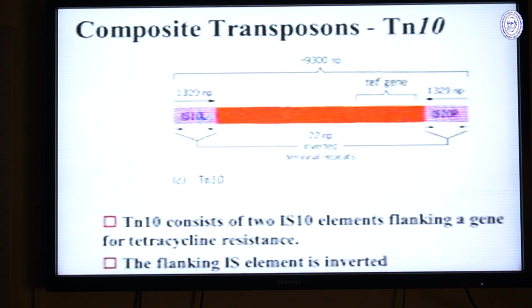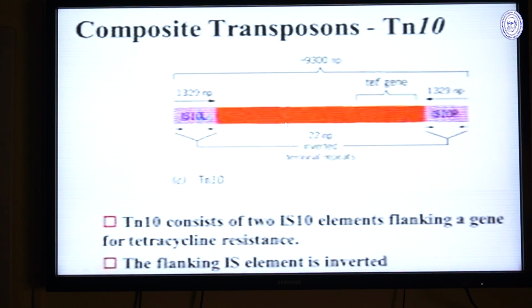It produces the transposase and also carries an antibiotic resistance gene, which is able to provide resistance to a particular antibiotic. Okay, so you can see the structure, how it looks.